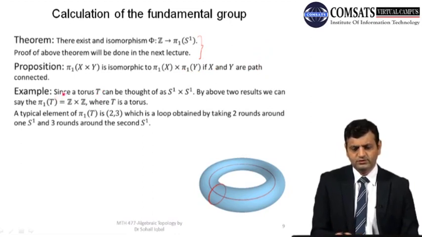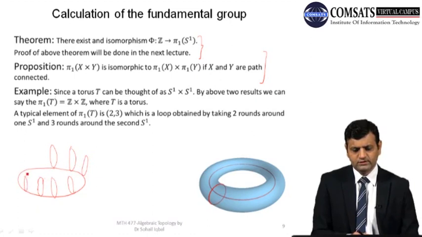So let's use these two results to calculate the fundamental group of the torus. So what is a torus? A torus can be considered as S1 cross S1. We can take a circle, and take the same circle all the way along another circle. If I keep repeating these circles, I am basically taking the cross of a circle with a circle.